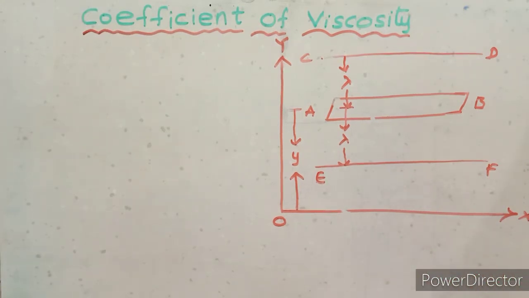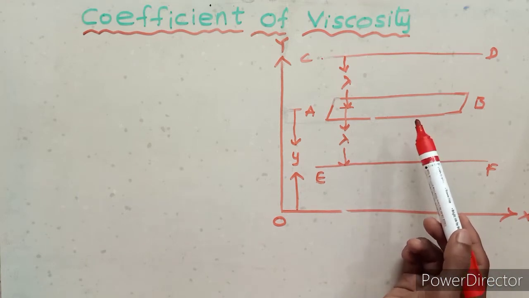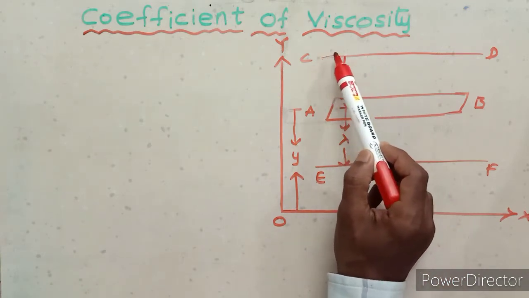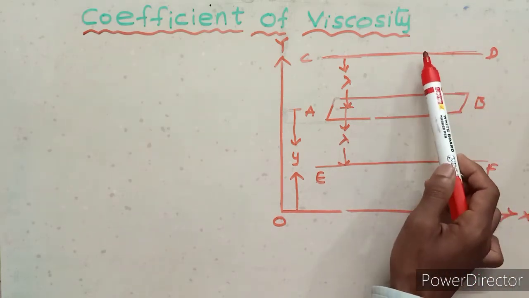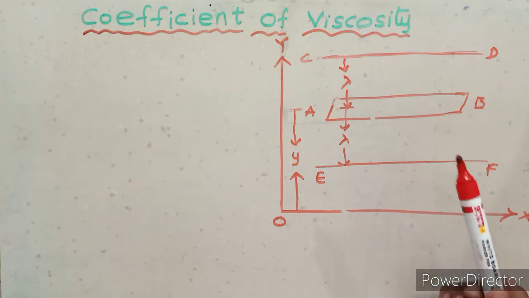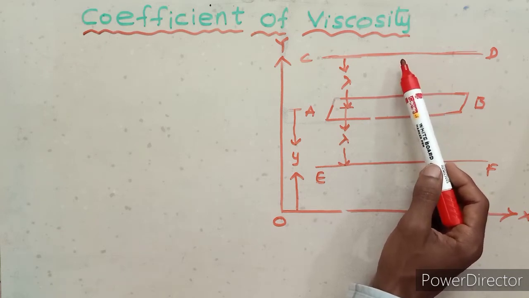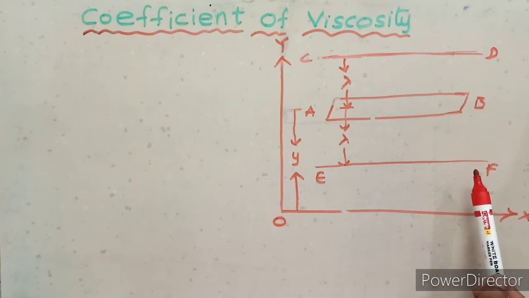Okay, next, from the kinetic theory of gases, the molecules at CD layer are greater than below layer EF. So here the CD layer has a large number of molecules. EF layer has a small number of molecules.